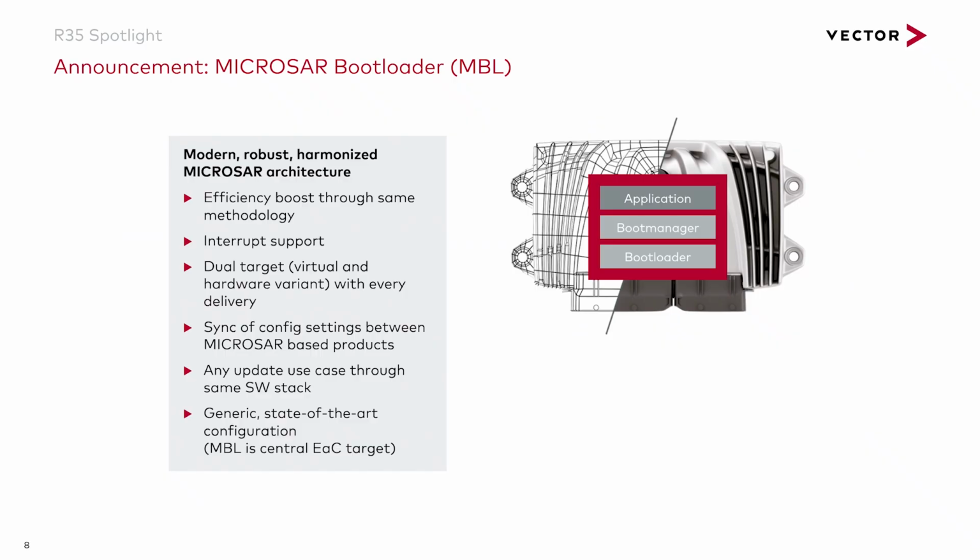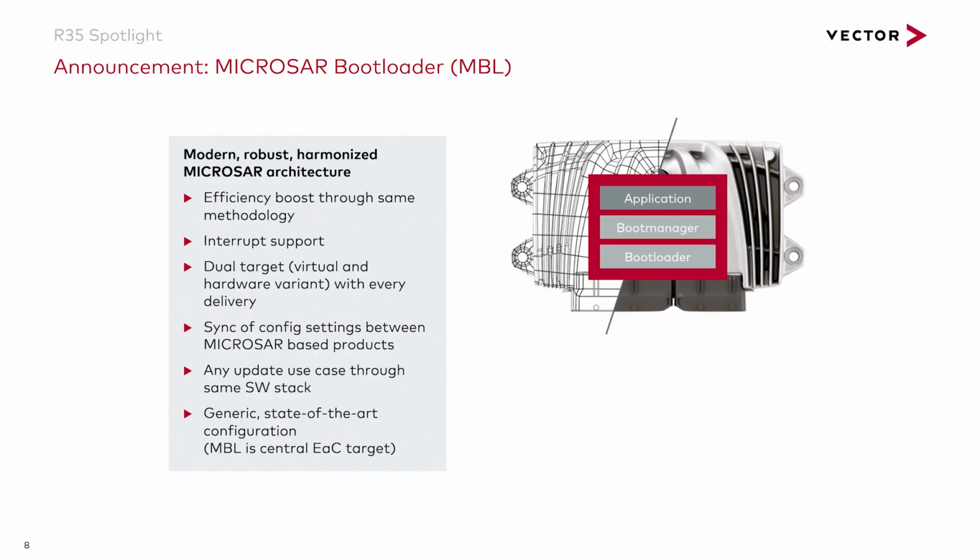The architecture is fully aligned with MICROSAR Classic and HSM, so configuration synchronization becomes much easier and smoother using our existing ECU Project Sync tool feature. For the first time, all software update use cases now rely on the same unified software stack.